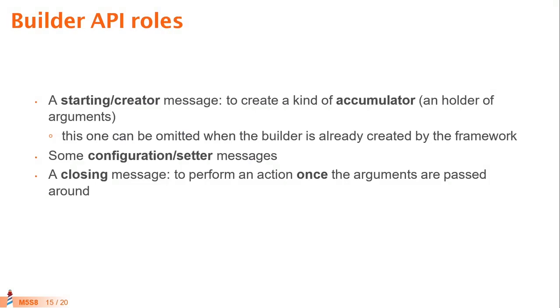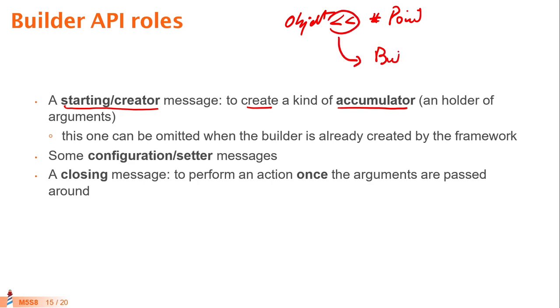Let's step back and look a bit at what we have, because in fact, we have three kinds of messages in the class definition and the fluid API. First, we have the starting or creator message. In fact, it will create a kind of accumulator. So here, when we say Object subclass, for example, this message generates a builder. The builder, what is this?